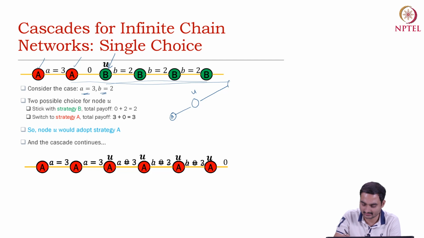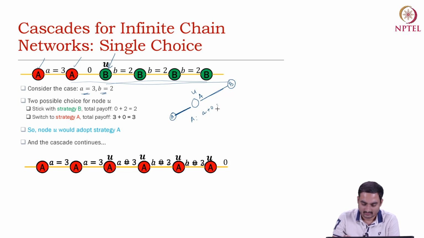This one has already adopted A, this one has adopted B. Now if U adopts A, what would be the payoff for you? Payoff would be, for this interaction, A, and for this interaction, 0.